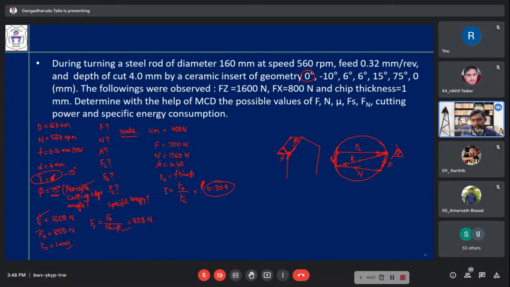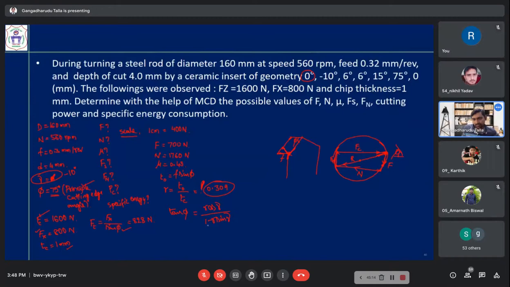So that is our R. From that you find out phi. Tan phi, because TC is anyhow 1, equals R cos gamma by 1 minus R sin gamma.